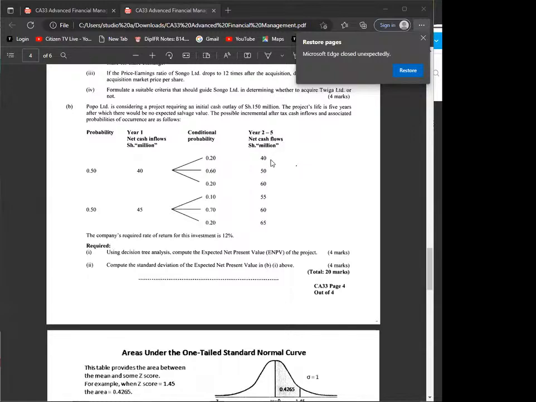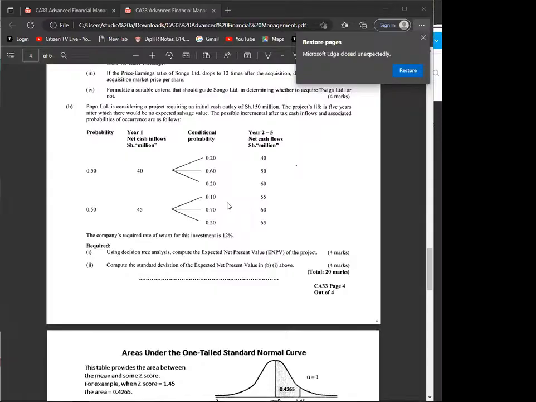So we have 40, 50, 60. If the cash flow is going to be 45, you can see the 3 types of cash flows: 55, 60, and 65.